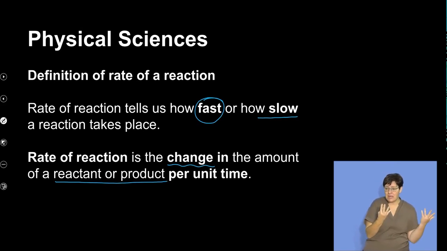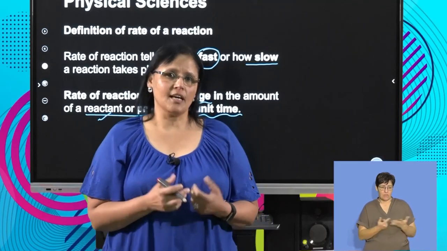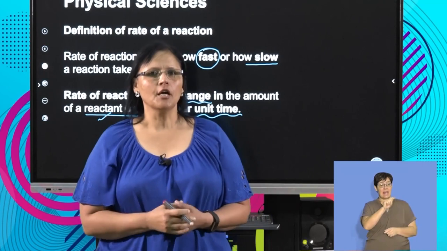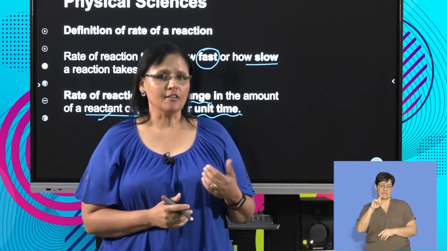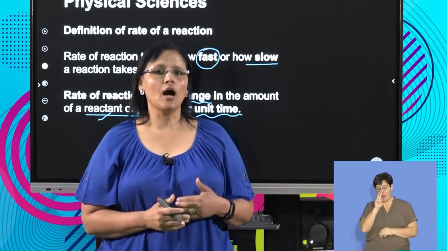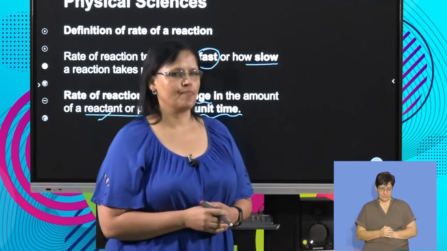You can decide whether you will take the reactant or the product, but what's important is that the rate must be per unit time. Whenever you answer anything on rates of reaction, you need to refer to per unit time. In that way, we will be able to see how slowly or how fast a reaction goes.